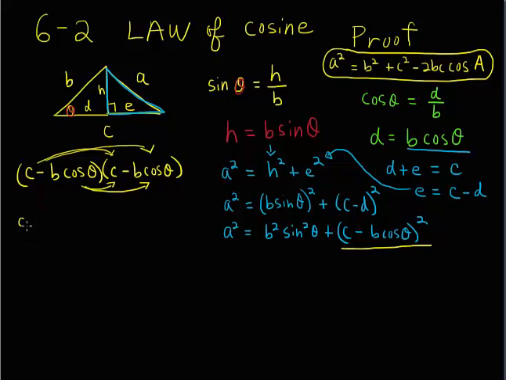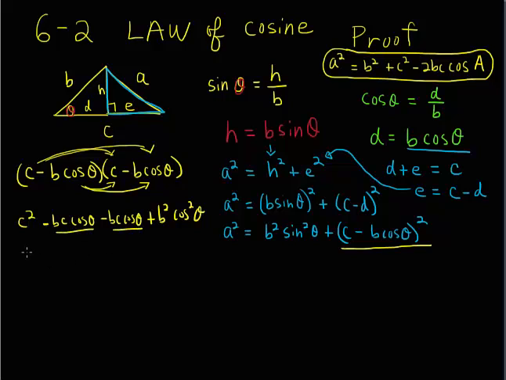So here we're gonna get c squared. It's gonna be minus bc cosine of theta, and this times this is minus bc cosine of theta plus b squared cosine square theta. So we have two like terms right there.